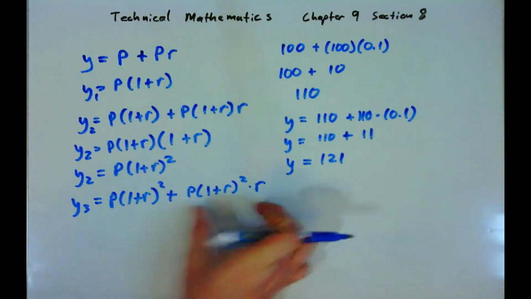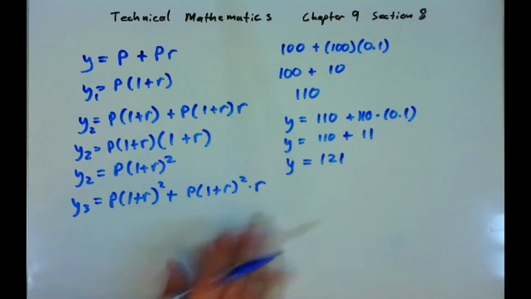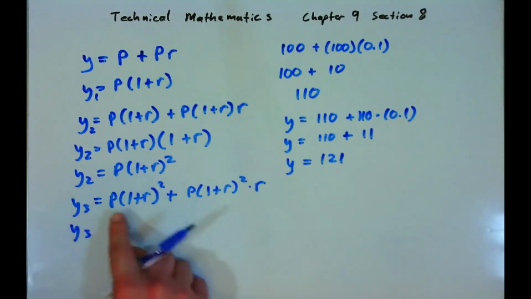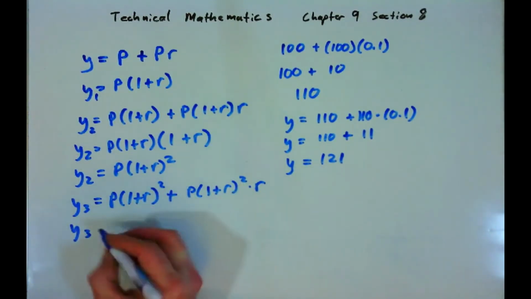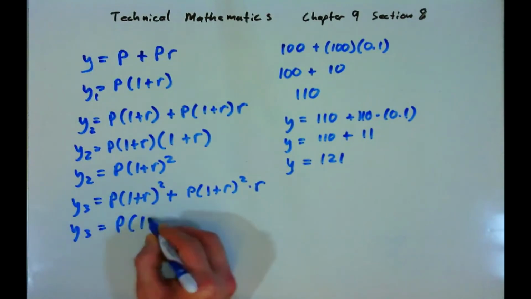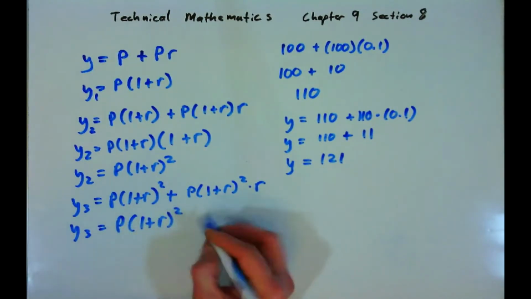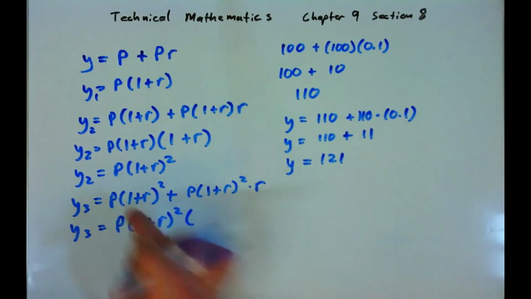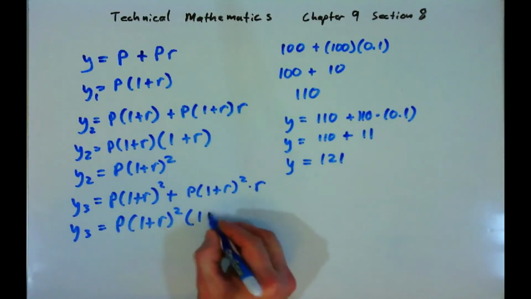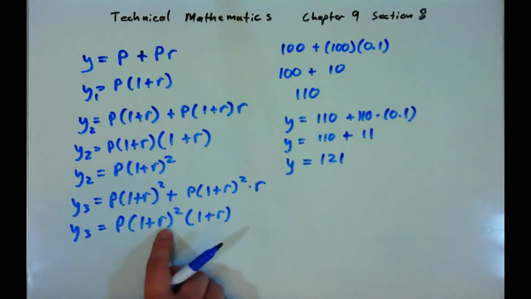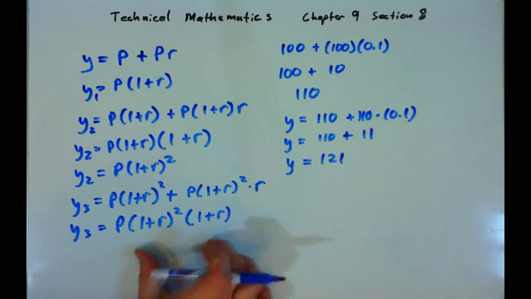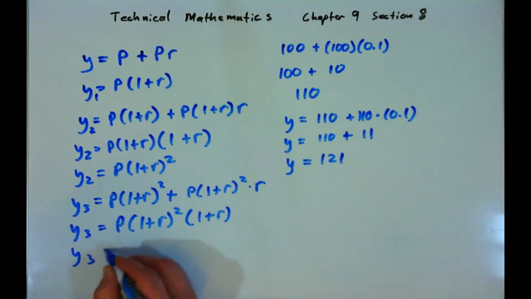So they're giving you interest on your money, plus you have the money you started with. And so again, this factors out, P times 1 plus R squared, and we get P times 1 plus R squared, times, we'll be left with 1 plus R. And so what we get now is 1 plus R squared times 1 plus R is 1 plus R to the third.